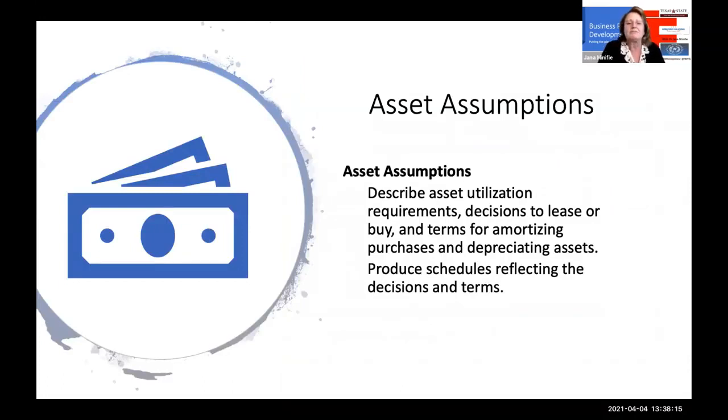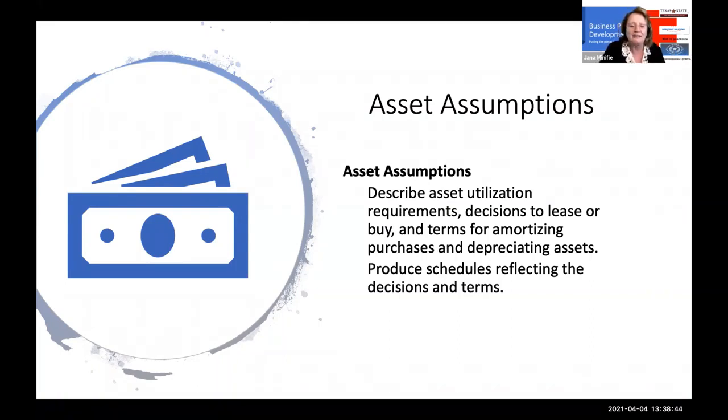Asset assumptions. We want to look at different types of assets and how you're going to be utilizing them. What is the efficiency rate? I've seen some studies or some businesses that, when they're looking at the assets, if it doesn't have at least an 80% efficiency rating, meaning that we're going to use it 80% of the time in the business, they encourage the person to lease the equipment instead.